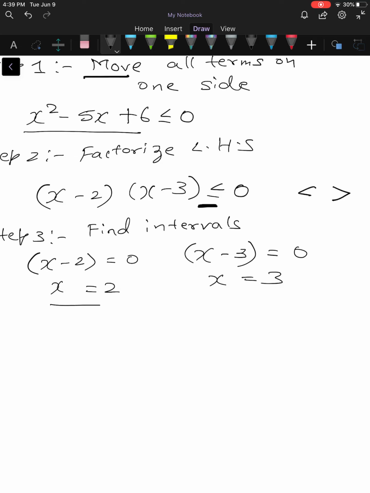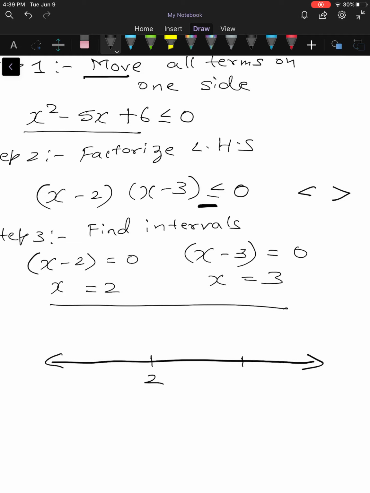So how to convert this into intervals? Take the real line and plot this on the real line. So now you can see this would be negative infinity and this would be positive infinity. Now you can see the real line has been divided into 3 parts. That is negative infinity to 2, 2 to 3, 3 to infinity.